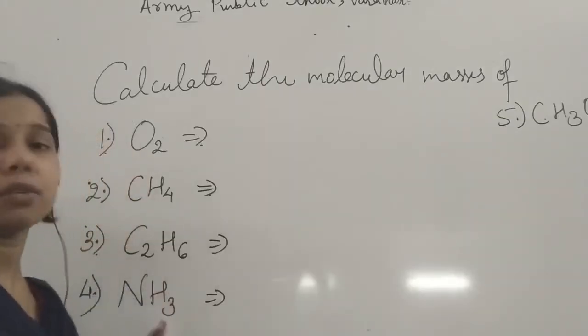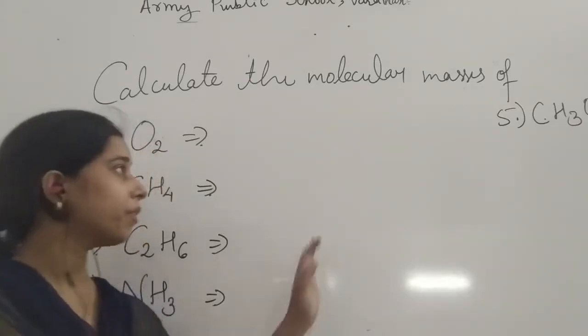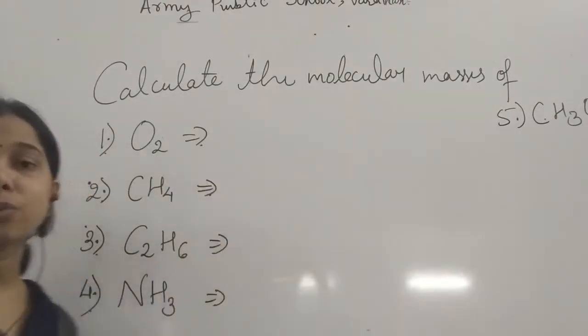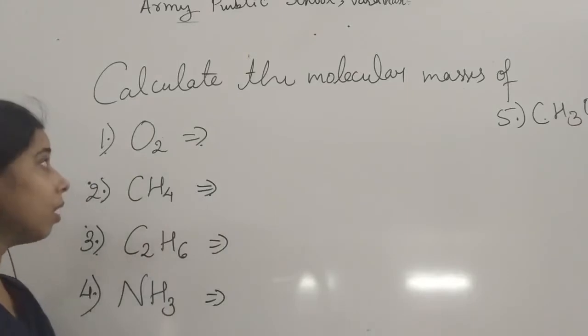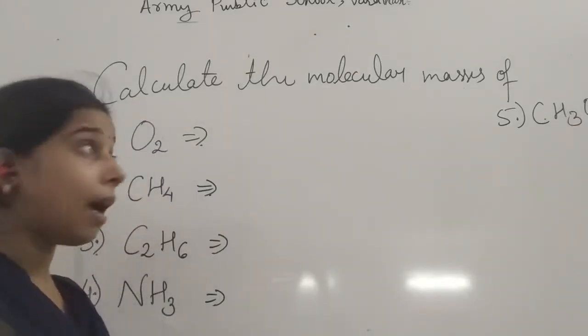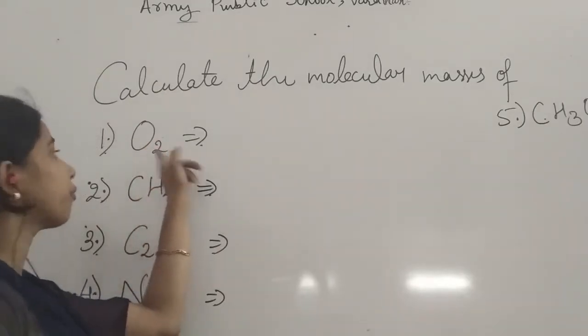Now you can see here, student, in this we have to find the molecular mass of the different compounds given here. The first one is oxygen. The atomic mass of the oxygen is 16, and how many atoms are combined in oxygen?